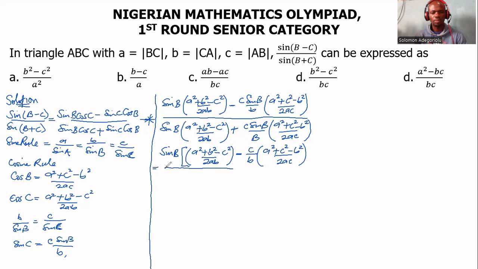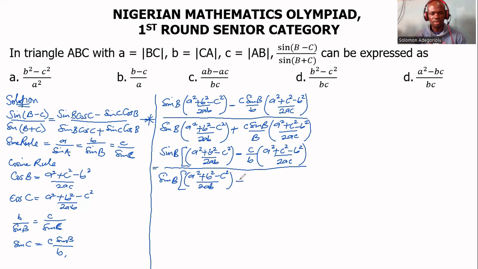Then let's have the denominator now. For the denominator, we still have our sine B in open brackets. Then the inner bracket as well, we have A squared plus B squared minus C squared over 2AB. Close the bracket.